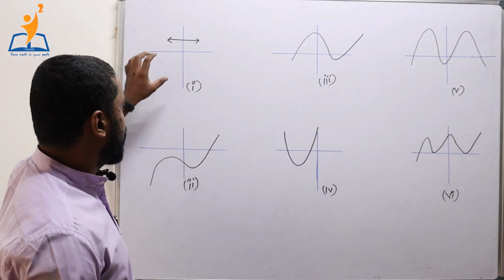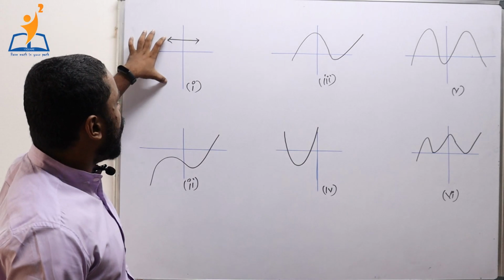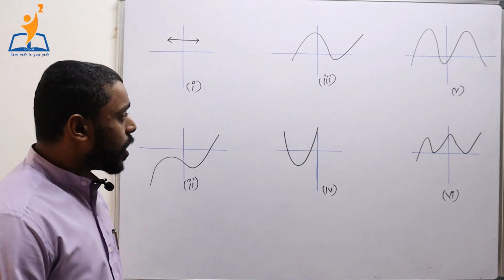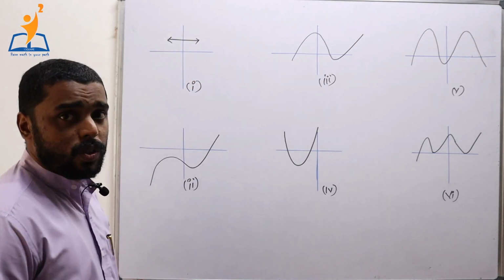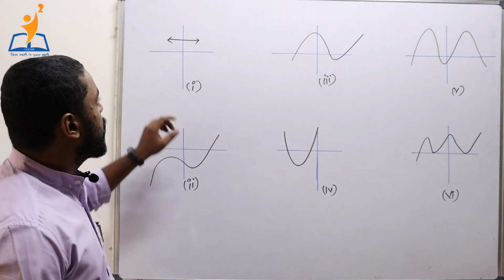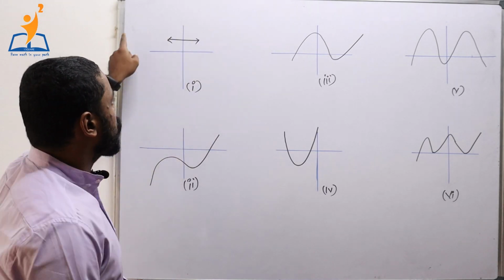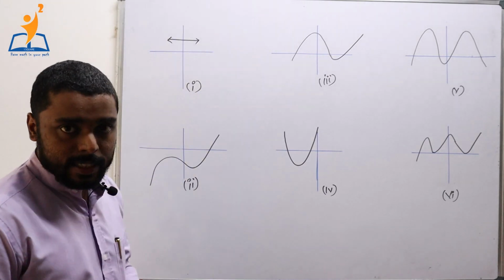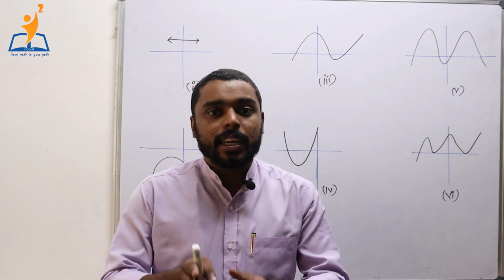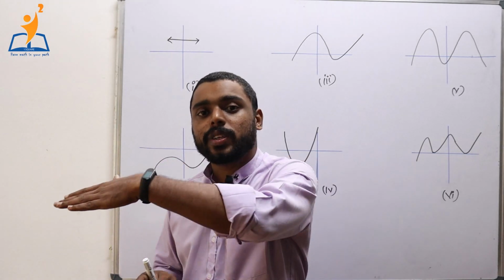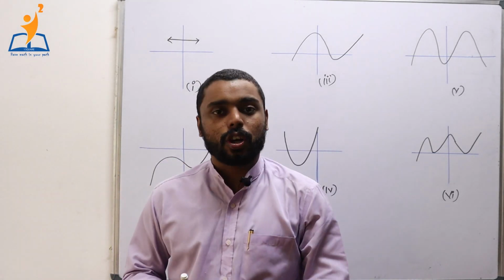The first question: here the graph is given like this, and we are asked to find the number of zeros of this polynomial. See, this is the graph of the function, which is a straight line which runs parallel to the x-axis, right? Which means that if a straight line runs parallel to the x-axis, it can never cross the x-axis.